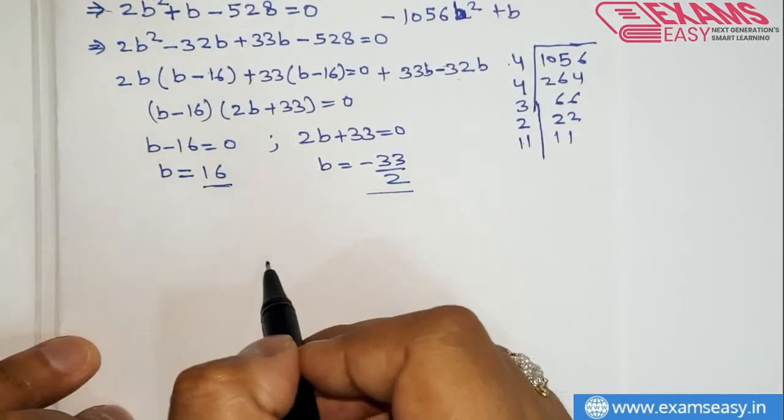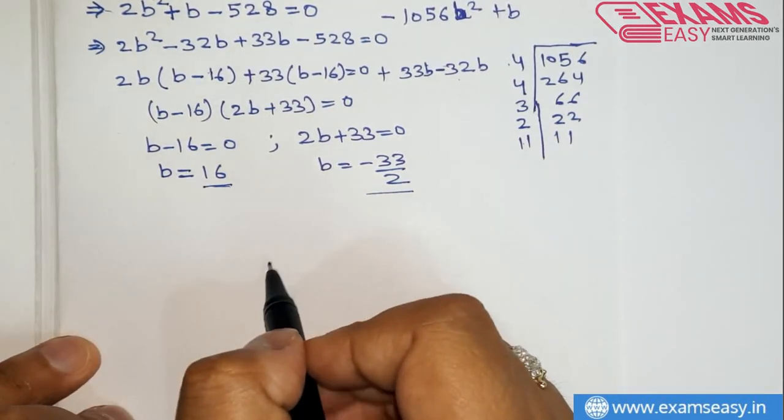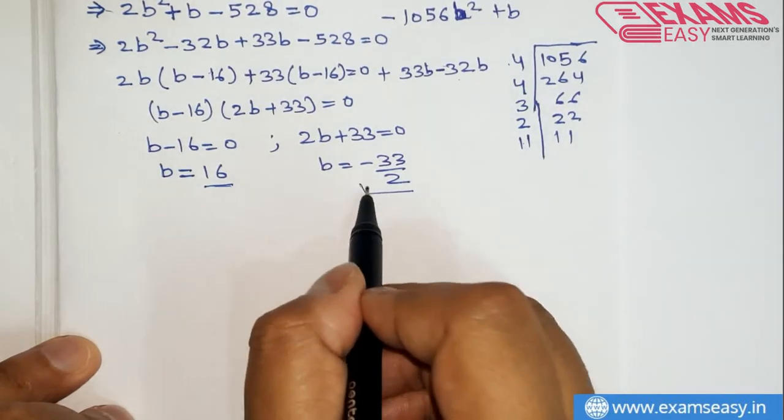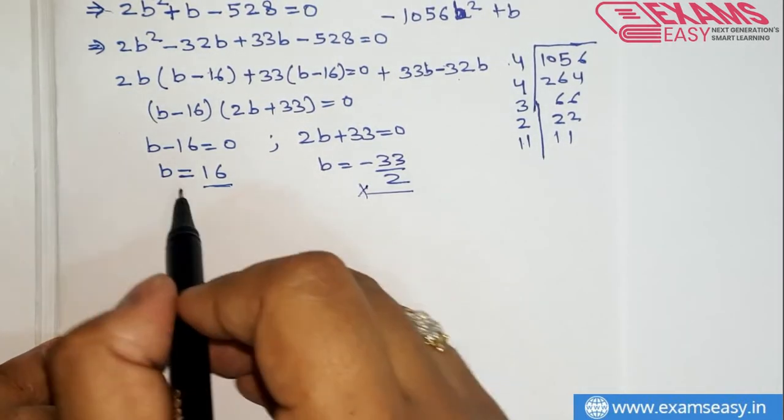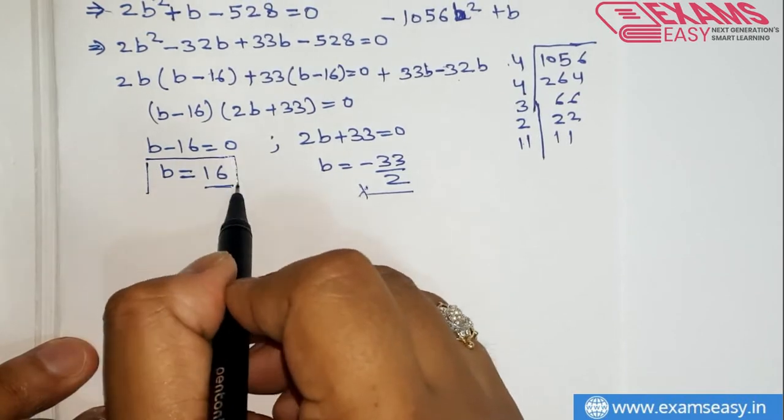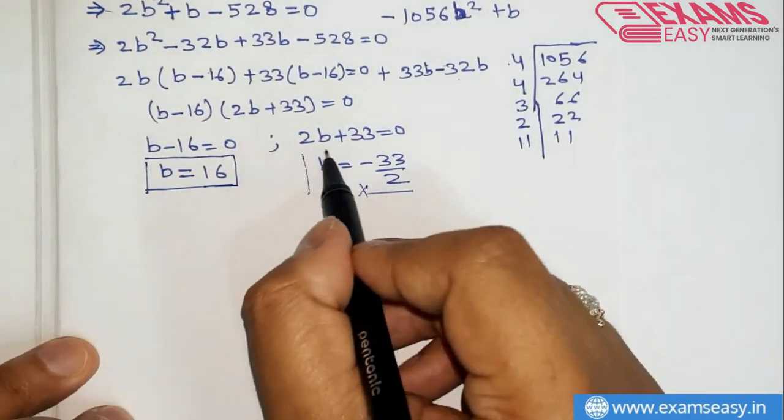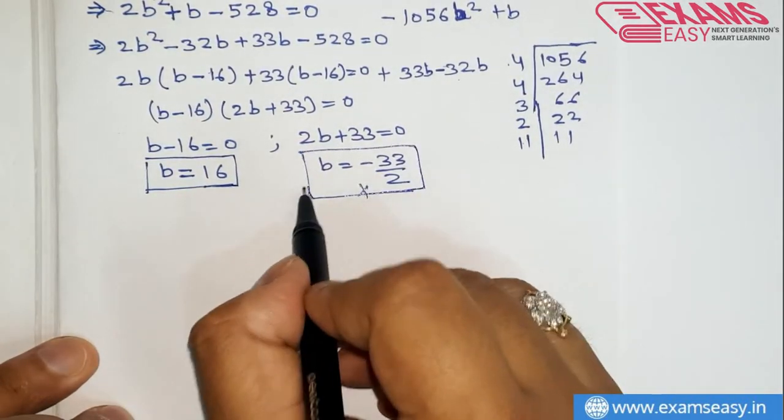But as we all know, the breadth of the rectangle is not negative, it's always positive. So 16 is a valid number and minus 33 by 2 is not valid in this case.